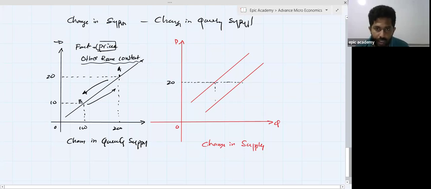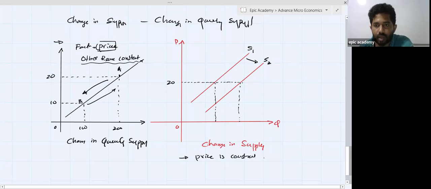But the curve can shift upward or backward. I will label the first one S1, the second one S2, this side. This is the nature of changing supply. In changing supply, price is constant.